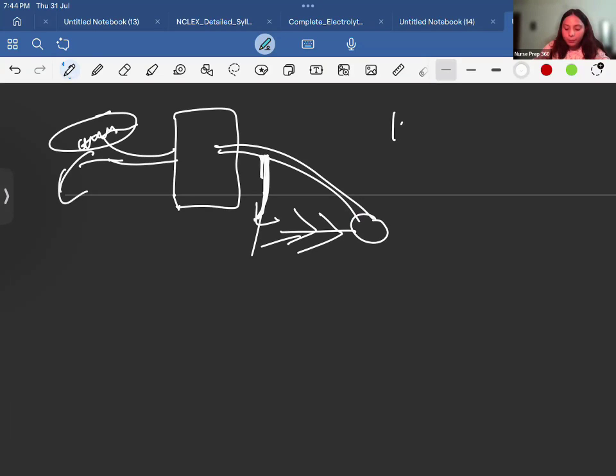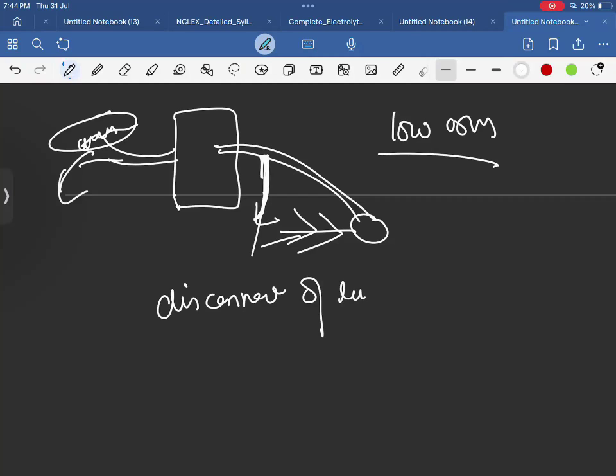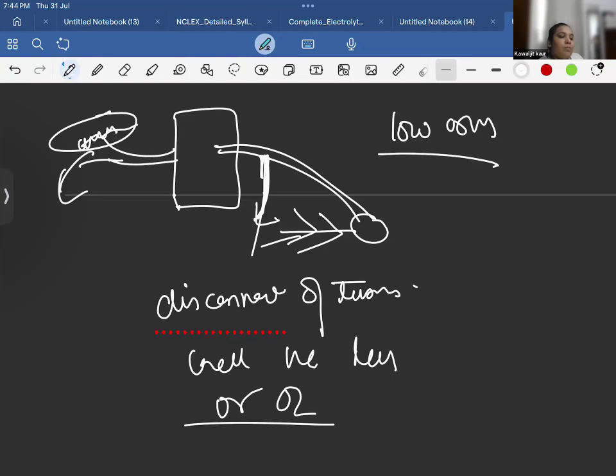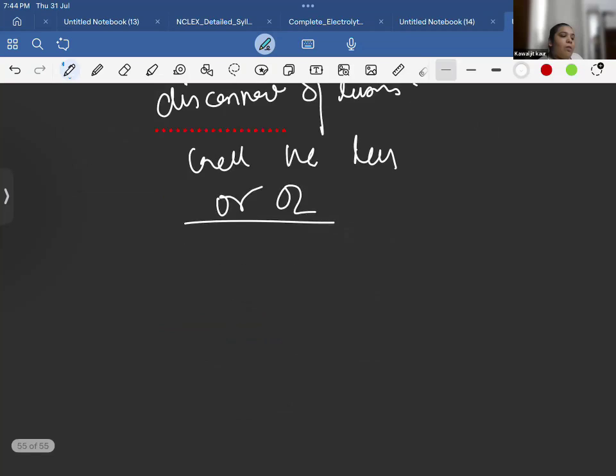Understood? So disconnection of the tubing, or the patient removing the tubing from the mouth, or check for an air leak or the oxygen cylinder. Okay, next question.